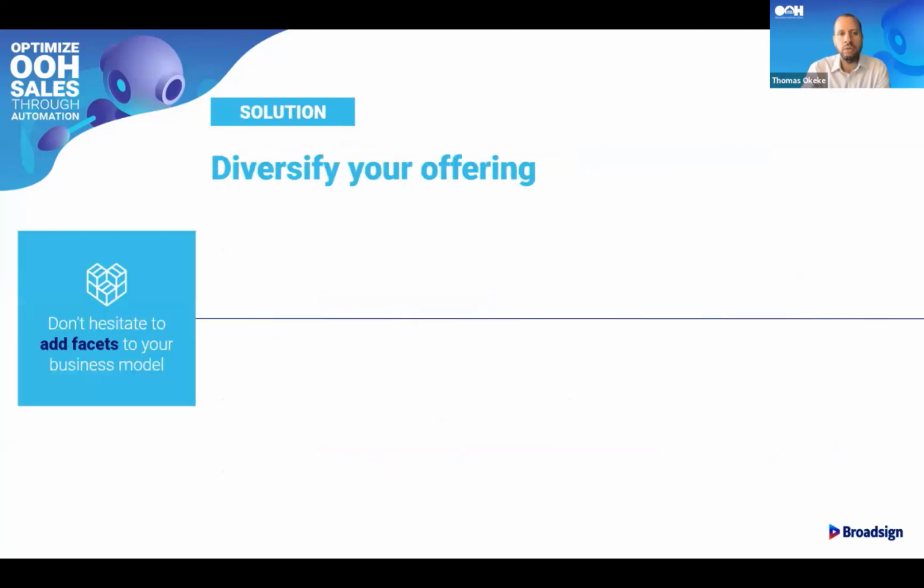So a solution to some of these challenges is really to make sure that you diversify your offering, that you do not get siloed and stuck with a limited amount of options for your buyers. There are many different types of buyers out there, and being able to offer different types of buys is important.